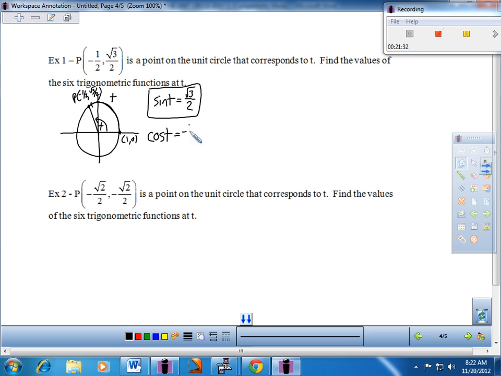And so in this case, the cosine value for this t is negative 1/2. And that's good. Okay, so we've got 2 down, and now we have the other 4 to take care of. So tangent of t, now it's going to get a little dicey here, but let's see what we can do with it. So tangent is y over x.